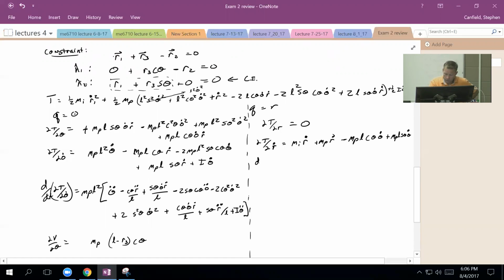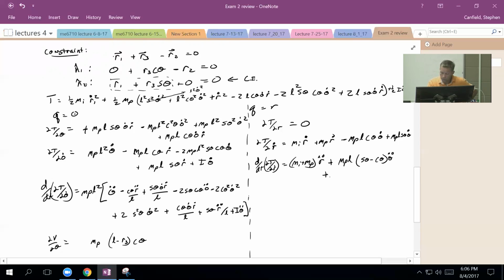The ddt of the partial of T with respect to R dot: I get M sub I plus M sub P R double dot, minus plus, MPL times sine theta minus cos theta theta double dot.